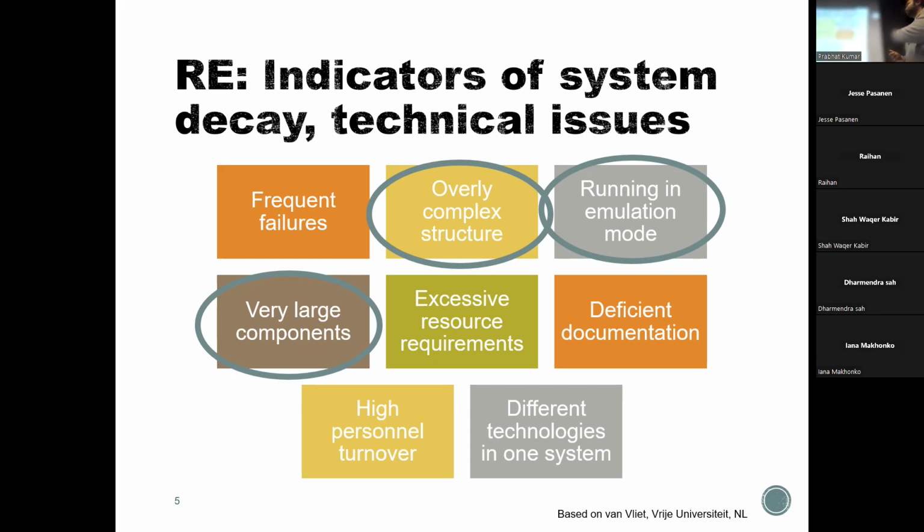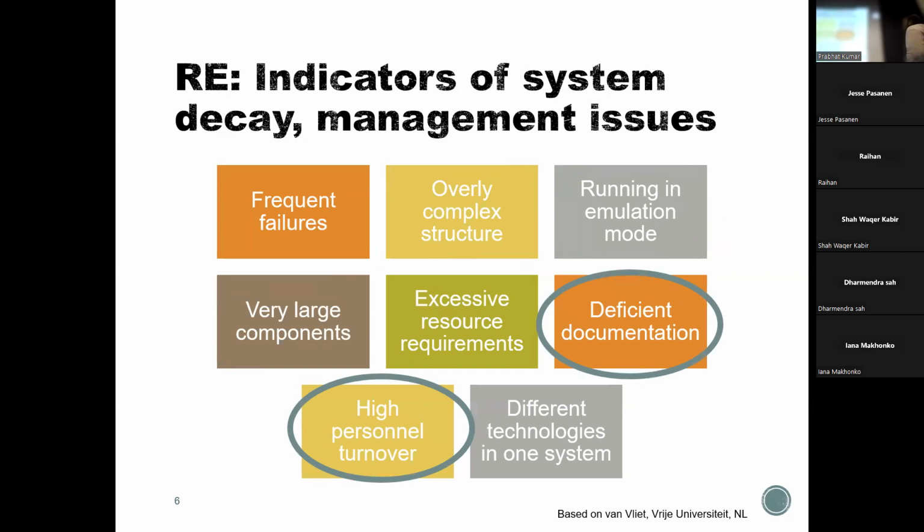If you see these 3 circles, these 3 factors are the technical issues which make the software degrade, meaning the quality degrades over time. However, if I go to management issues, these 2 factors were more about management. The first was deficient documentation.